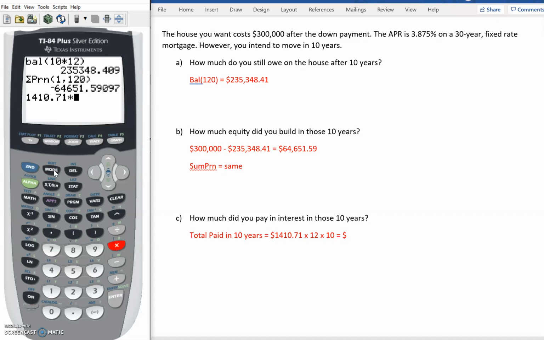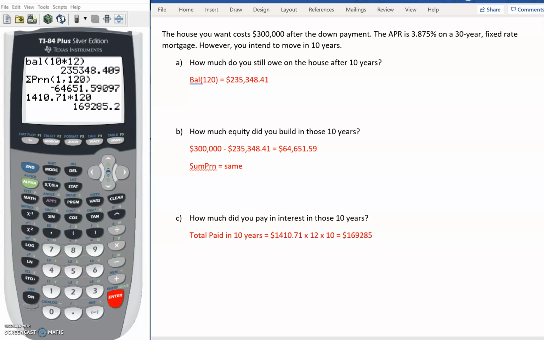I'm going to cut to the chase. We know that there were 120 payments. Again, this is a rounded answer, so we do want to be careful. When we round the monthly payment and then multiply it out, that rounding error is going to potentially put us off by a couple dollars when we're talking about numbers this large.